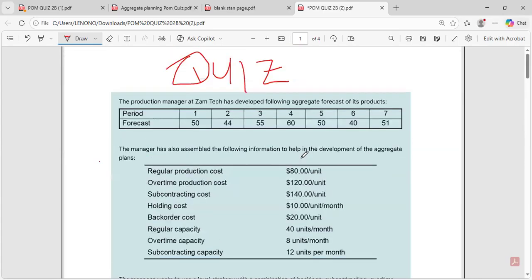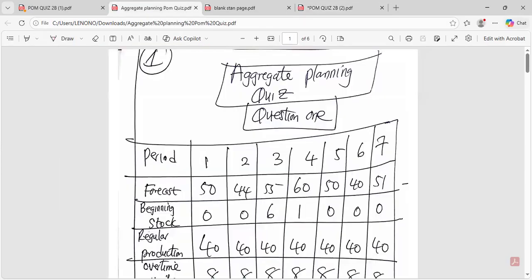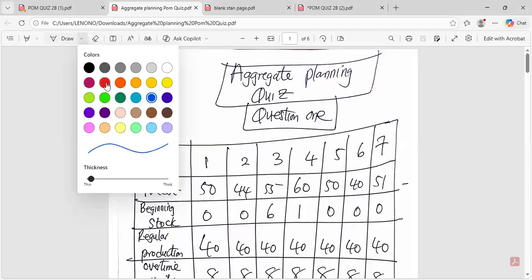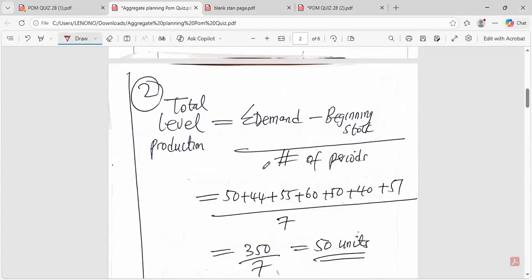So from the information that is given here, what is needed is to calculate the level of production. The formula for level of production is equal to the summation of demand minus beginning stock, divided by the number of periods.